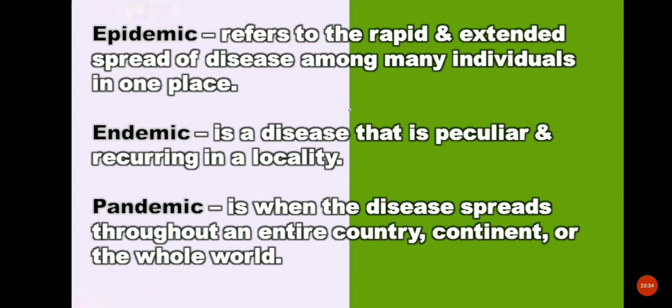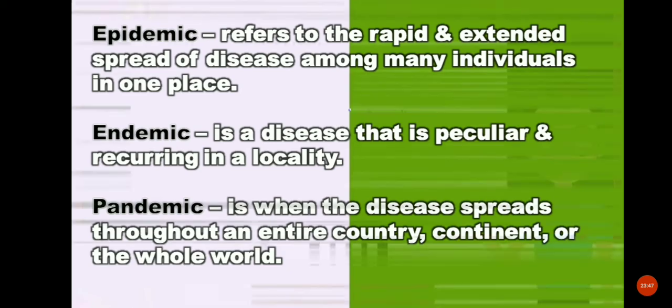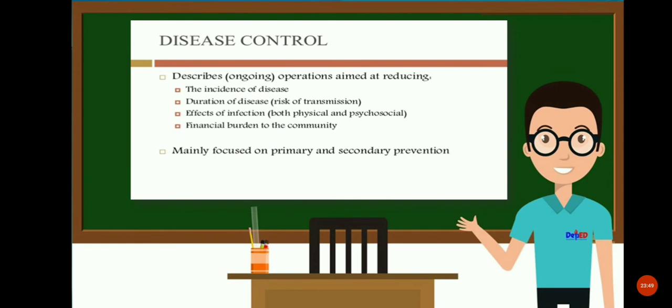So the body has a system of natural defense to combat a vast number of infectious organisms. So these are some different kinds of body defense. What are they? The disease control.